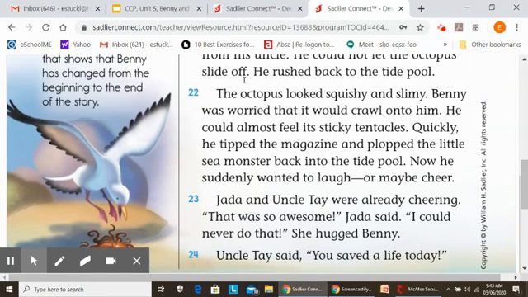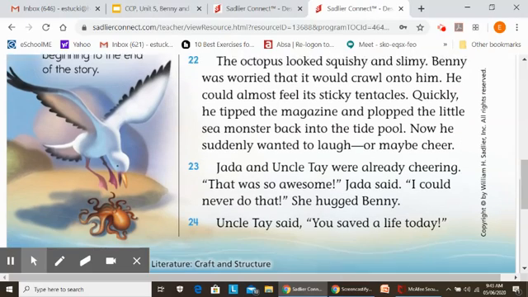So here you will circle this whole paragraph because that is how he changed his feeling. From being a scaredy cat and squirmy, he was now wanting to laugh and cheer. A big, big change. Almost the opposite feeling of what he had before.